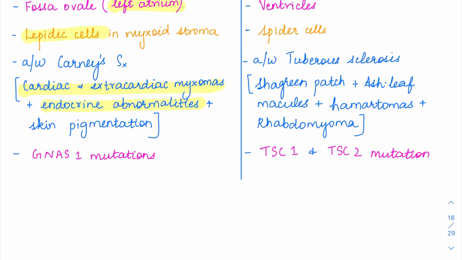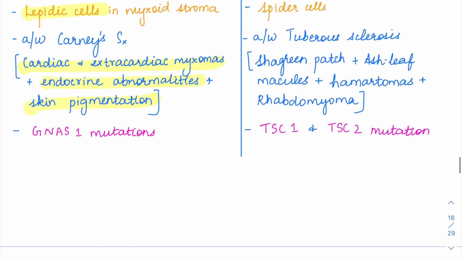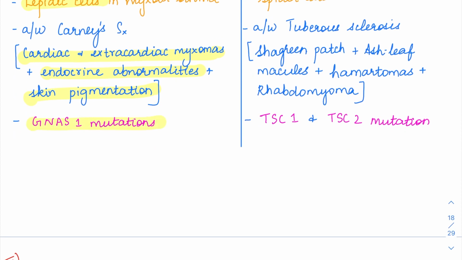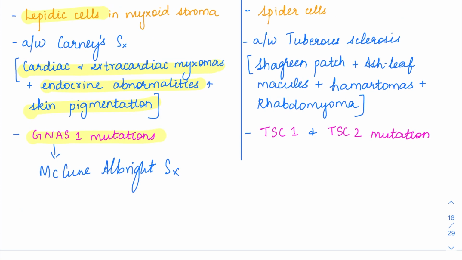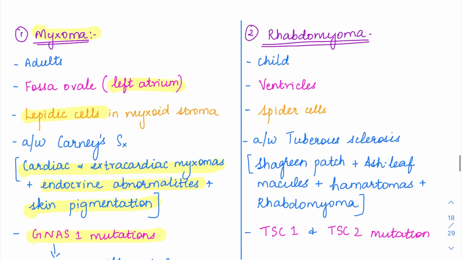Other than that, we can also have endocrine abnormalities and skin pigmentation. This is the classical triad of Carney syndrome. And it is going to be associated with a GNAS1 mutation. And if you remember, GNAS1 mutation is also the mutation seen in McCune-Albright syndrome. In McCune-Albright, again, you have endocrine abnormalities and the patient will be obese. So that again can present with GNAS1 mutations.